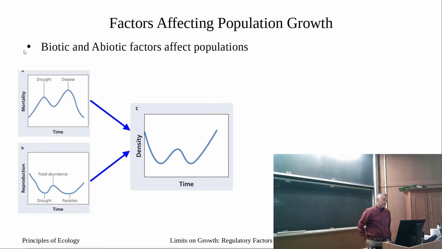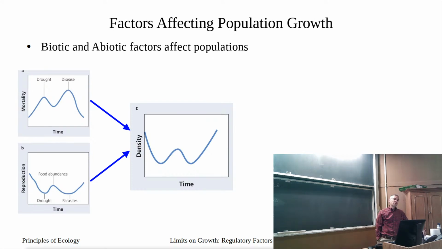Now, this isn't just competition for limited resources. Our regulatory factors can be abiotic as well. So competition would be our biotic factors. Abiotic factors would be like water availability, or maybe disturbances, changes in pH or soil salinity.